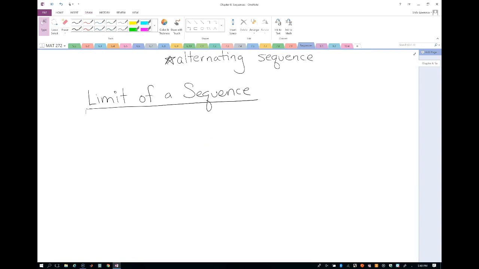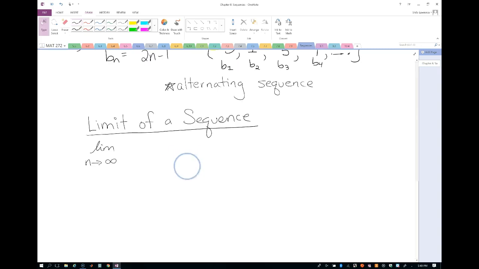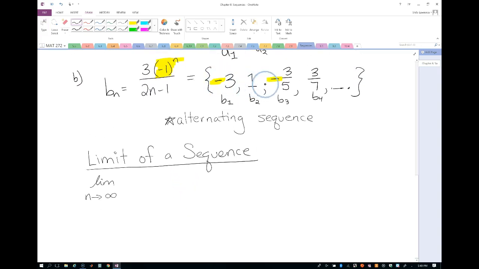The one nice thing about limits of a sequence is we are only concerned about n approaching positive infinity. So we don't have to worry about discontinuous functions and our variable approaching a specific number, or ever going to negative infinity either. The only thing we're interested in is if we were to extend these terms out forever, would they eventually fall into a pattern and approach a single number?